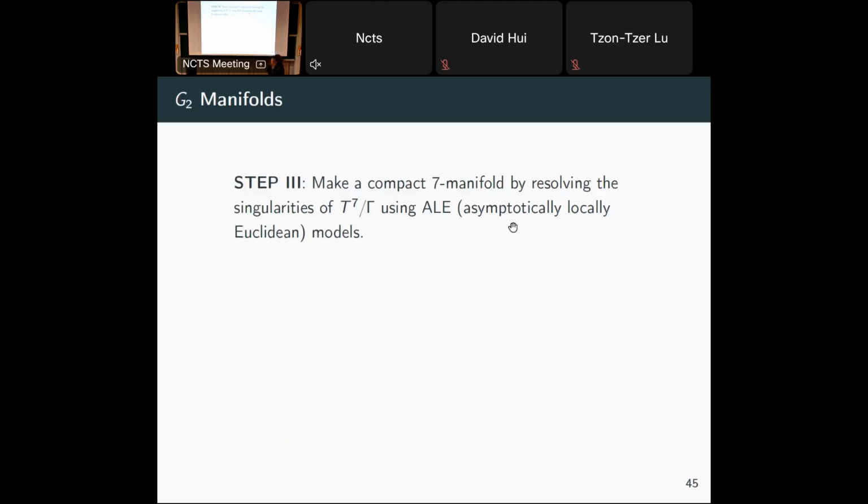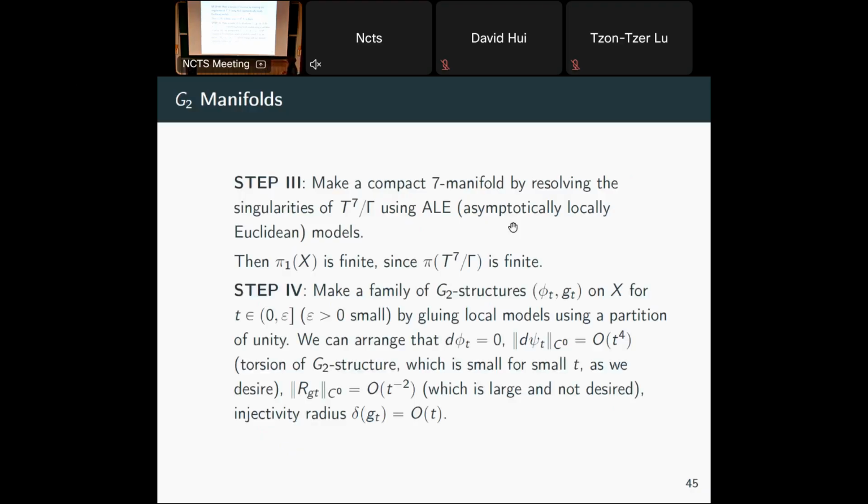They're related to something called gravitational instantons. Asymptotically locally Euclidean means the metric is asymptotic to the Euclidean metric, and you use that to resolve the singularities. The fundamental group will be finite, because your original orbifold has finite fundamental group. Now you do a bit of analysis to take care of things: you are attaching something, and the radii should match up. That's what's happening here.